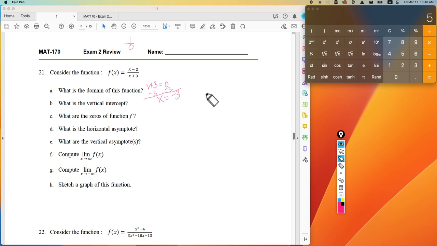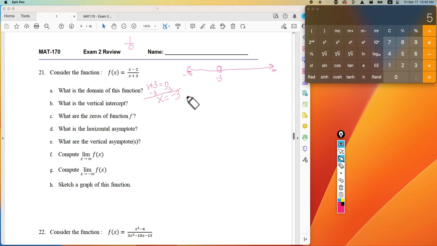function becomes undefined. So our domain is everything else going from negative infinity to positive infinity. The only thing that we have to exclude is -3. So that is excluded, taken out of the domain.